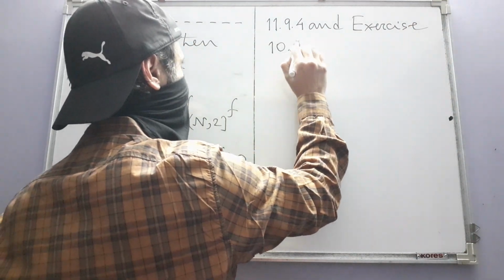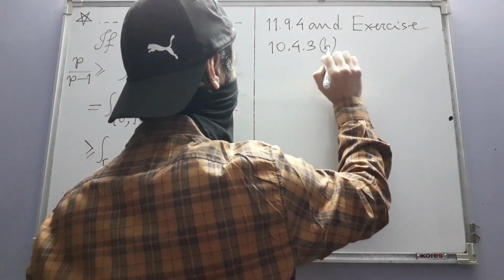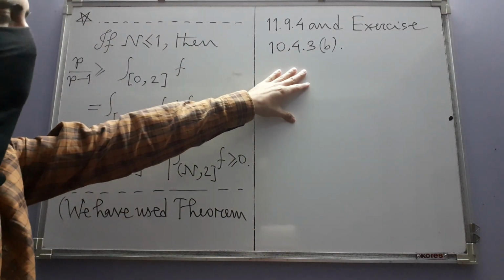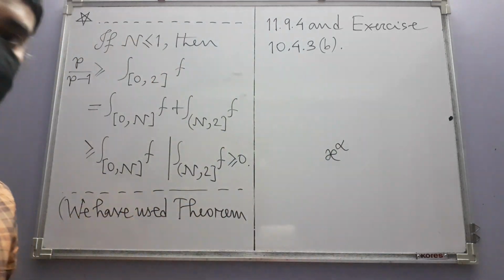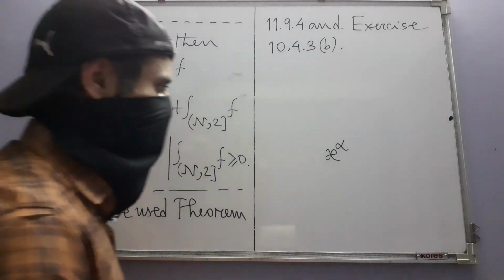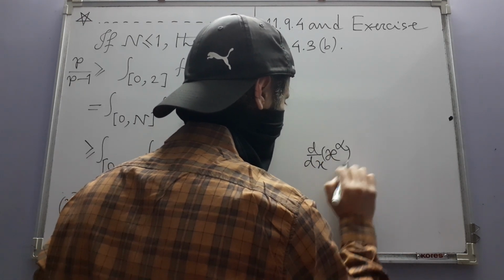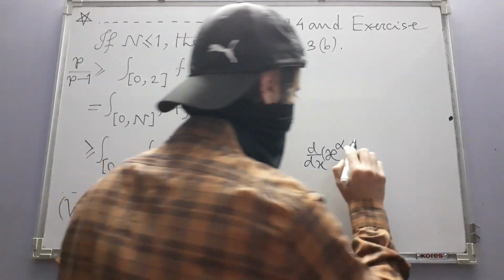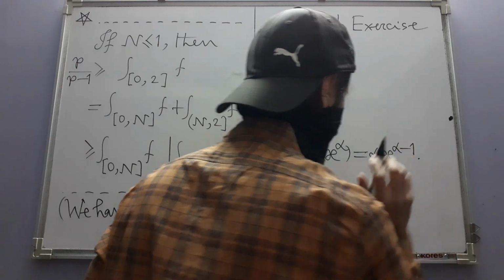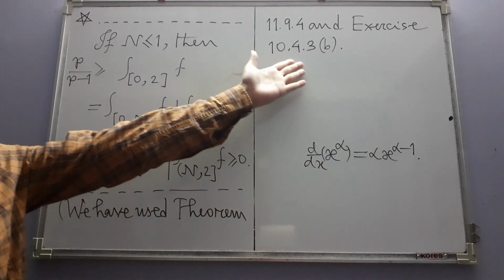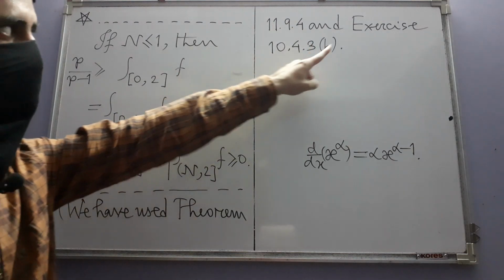Exercise 10.4.3 part B. This is that exercise which tells us that no matter what this real number alpha is, if you differentiate this function, let me just use the standard notation, then this is equal to alpha times x to the power alpha minus 1. This is that result. We have already solved this exercise. So we can use this.